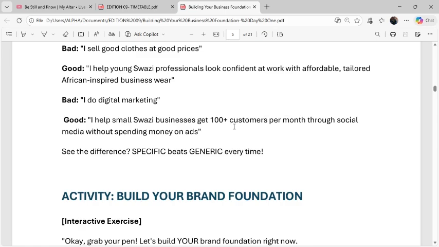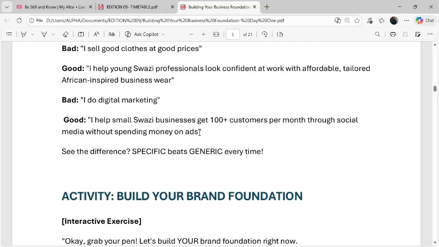And if I'm going to tell you that they are not going to be spending money on ads, because they know that running ads is expensive, in as much as it is an essential expense in a business. Because if we do not advertise, then how are we going to get customers?